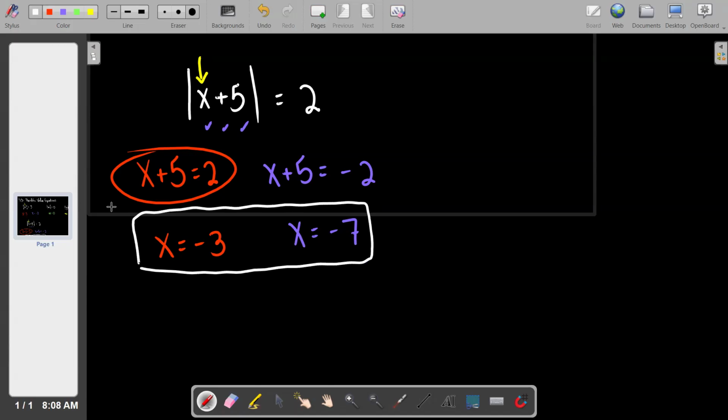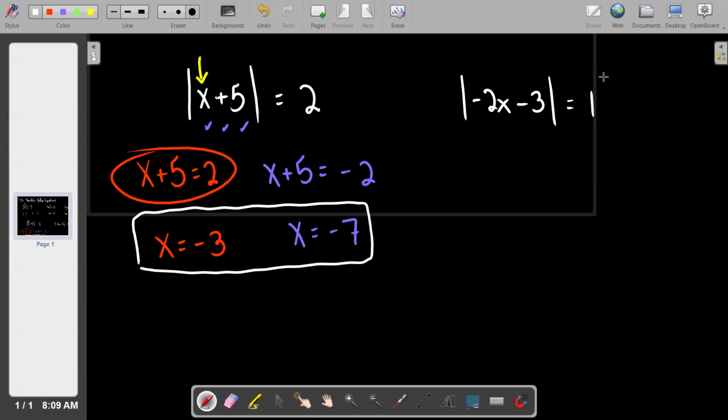Let's go again. The absolute value of -2x minus 3 equals 1. You're going to hear this word, probably 300 or 400 times in the next couple of weeks, and it's split.